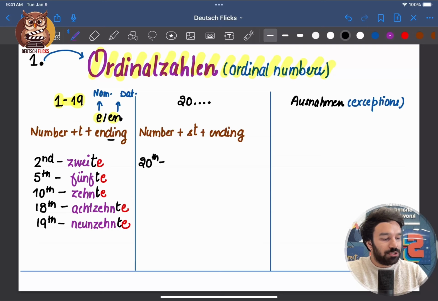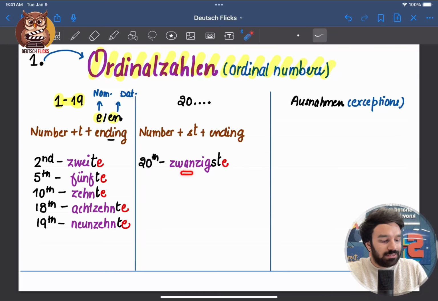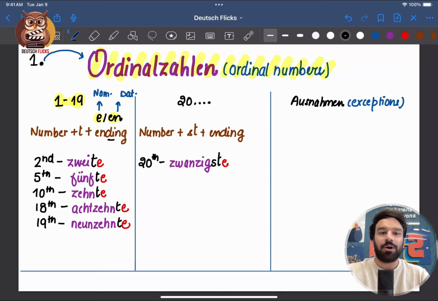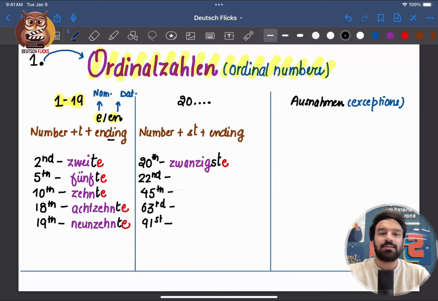What is number 20? It is called zwanzig. And then we have to add st. After that comes the ending. And the pronunciation is zwanzigste. Now I'll give you some numbers and you have to write down the ordinal number. We'll discuss the answers in 5 seconds.